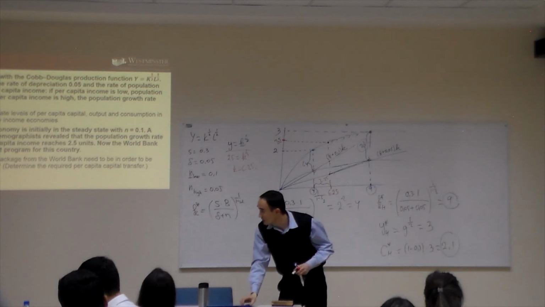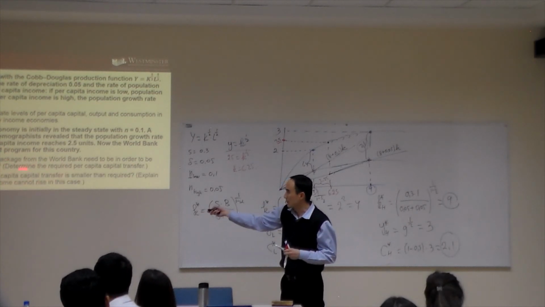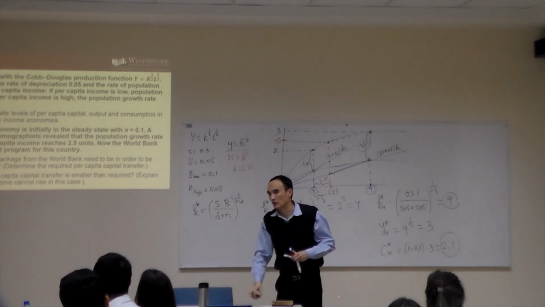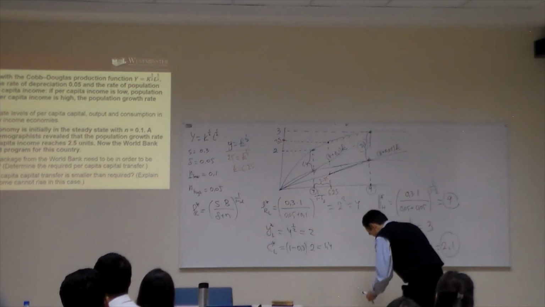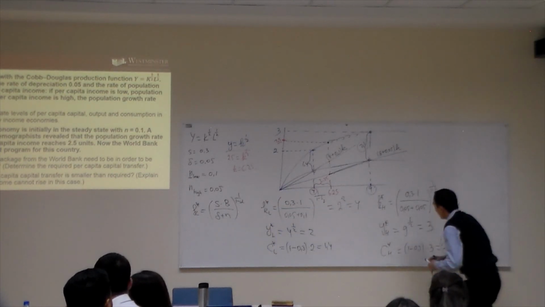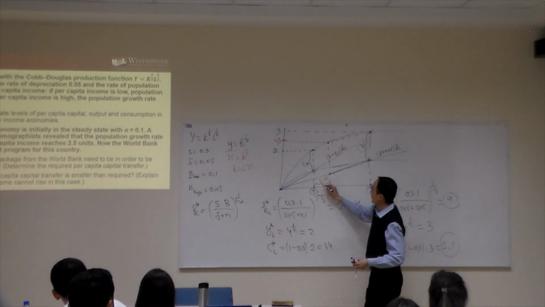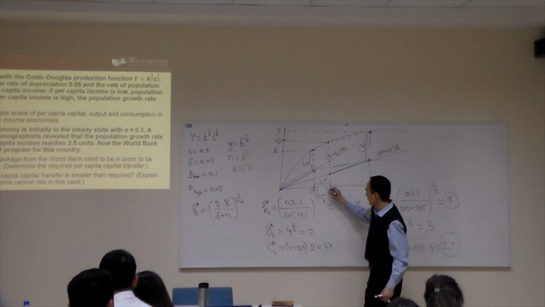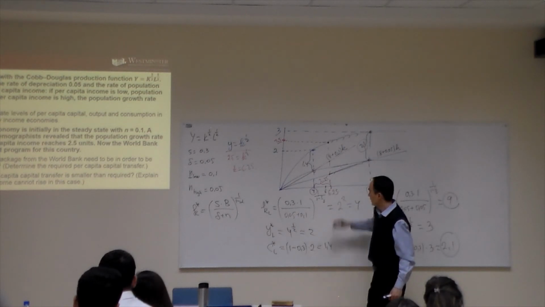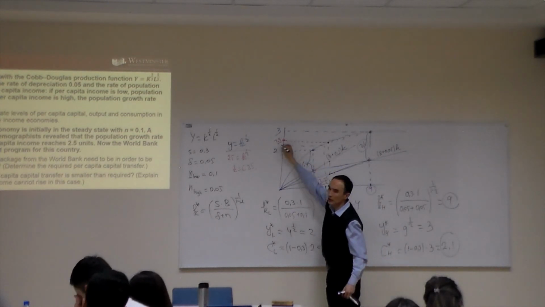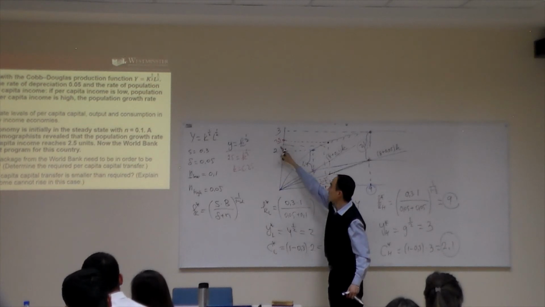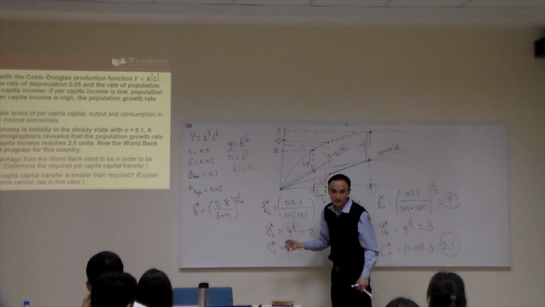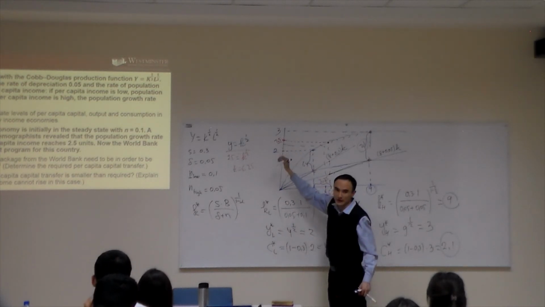And the last question, what happens if the per capita capital transfer is less than required? Let's say the World Bank, instead of providing 2.25, said, okay, just 2, I think it's enough. They provided 2 and it's now 6, which means it is lower than 2.5, right? Are they willing to reduce birth rate? No. The condition is 2.5.